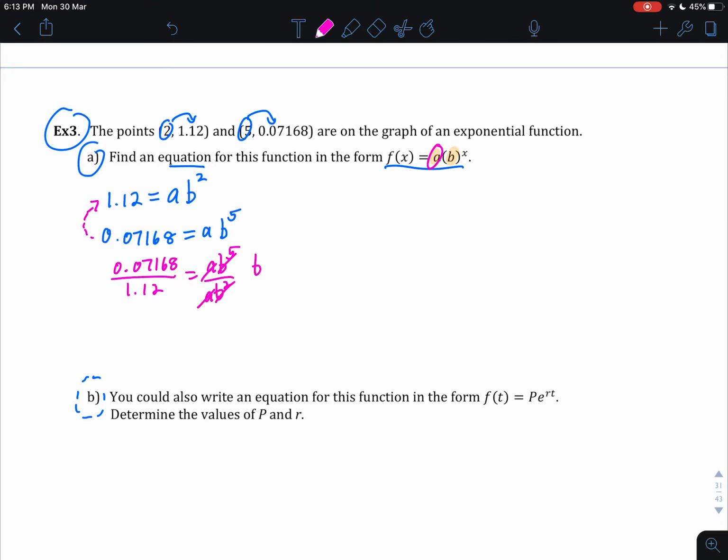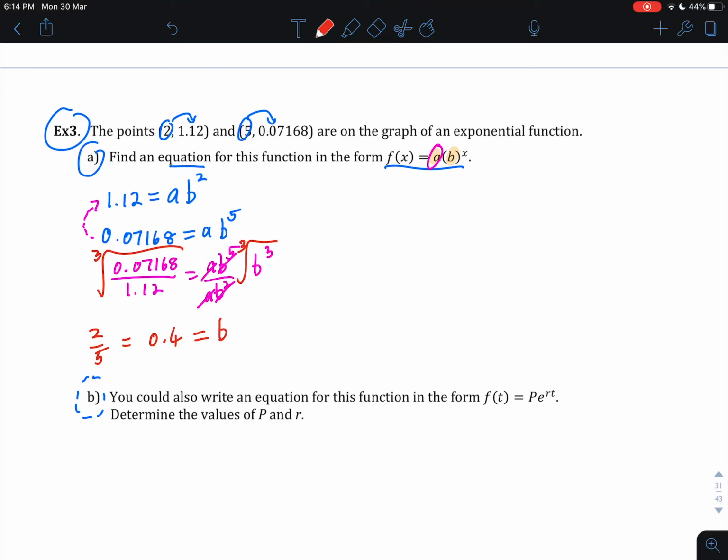The a's will cancel, and I'm left with b cubed, and if you cube root both sides of that equation, we're going to end up with b is equal to 0.4, or of course in fraction form 2/5.